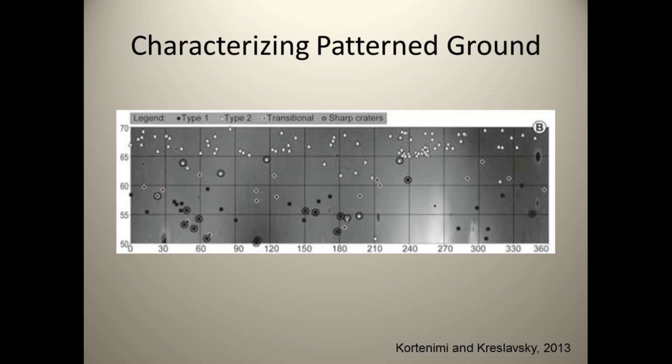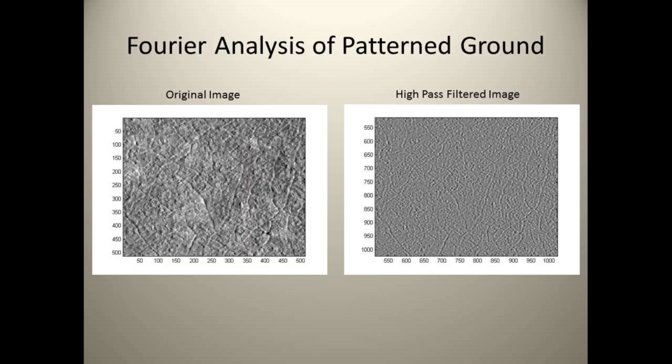But I was not very happy with the geomorphological characteristic decisions and categories that were used. I wanted to use something much more objective. And so what I did is I developed a method to use Fourier analysis on images of pattern ground terrains to determine a characteristic spatial scale representative of that terrain.